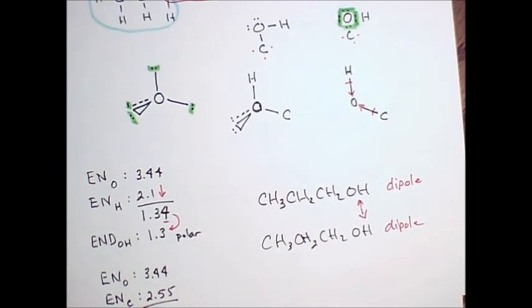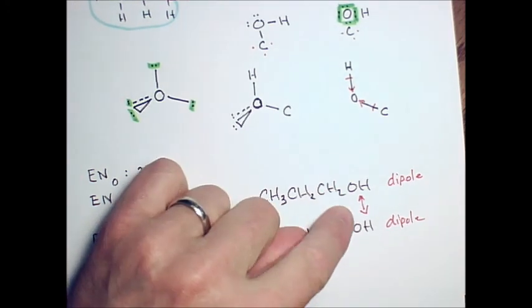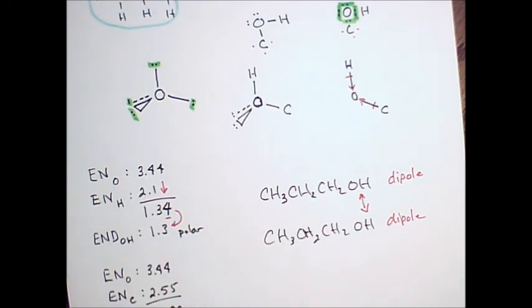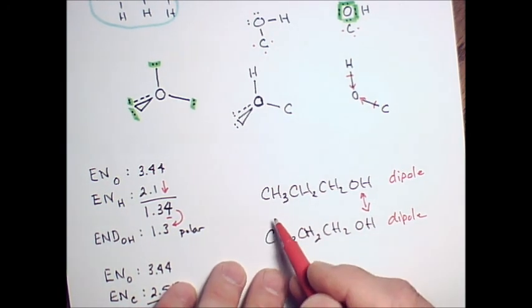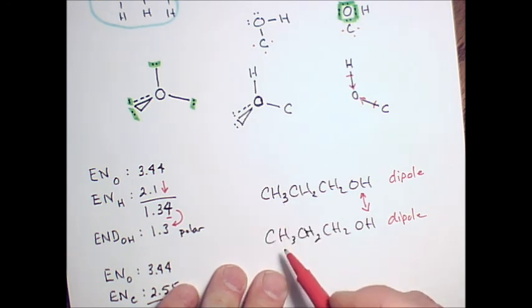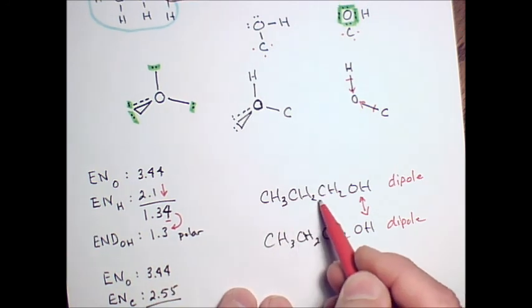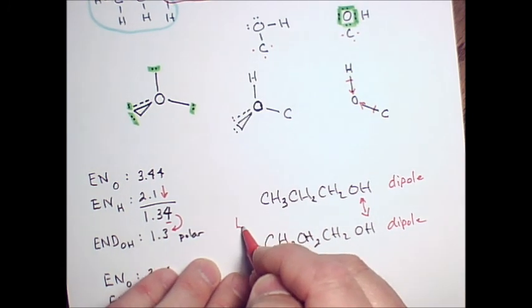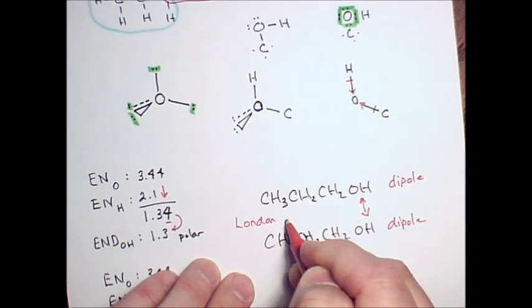A dipole-dipole attraction between that end of these two molecules, because that end of the molecule is polar. This end of the molecule is not polar. So any attraction between this end of the molecule and this end of the molecule is due to London force attractions.